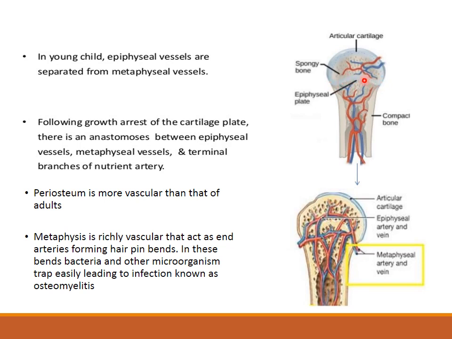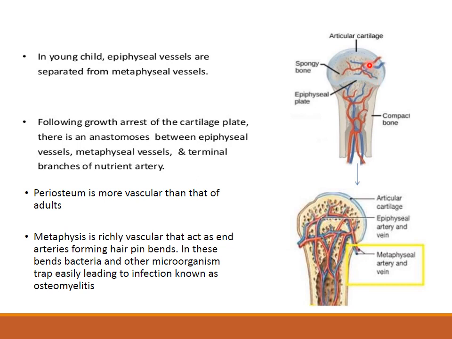Because of the presence of this epiphyseal cartilage, definitely there will be no anastomosis possible between the epiphyseal arteries and the diaphyseal and metaphyseal arteries below. Above, towards the outer side of this cartilage, are the epiphyseal blood vessels.